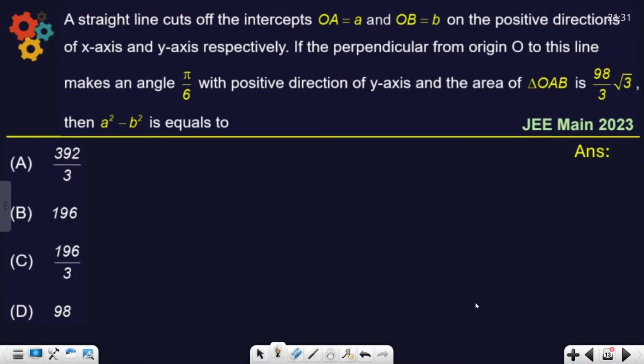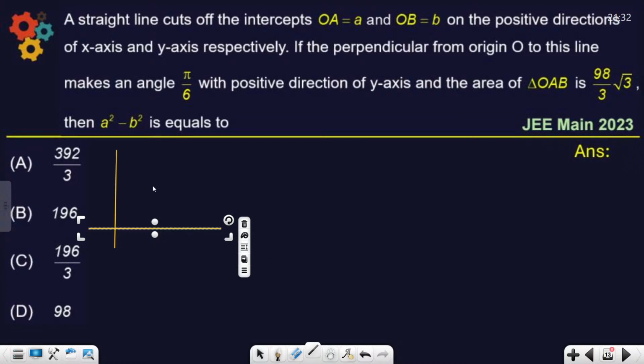See this question, this came in JEE 2023. What is the question? A straight line cuts off intercepts OA and OB on the positive direction of the X and Y axis respectively. Let me draw the diagram first.